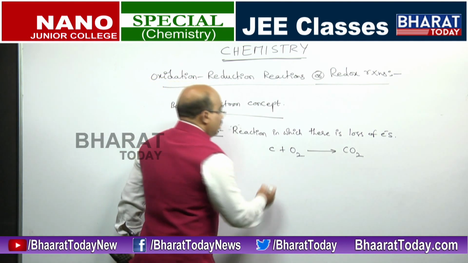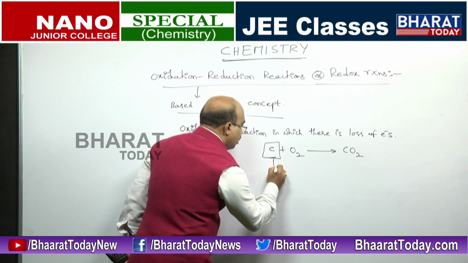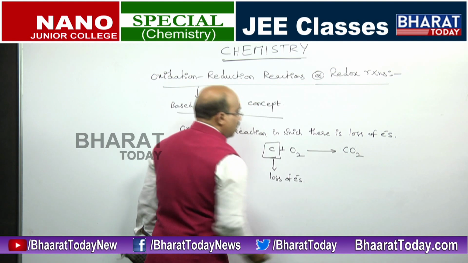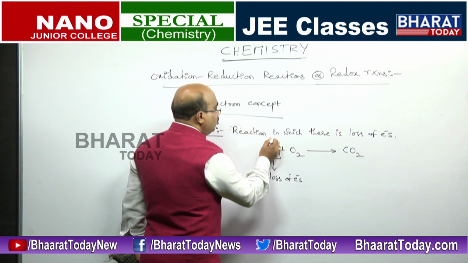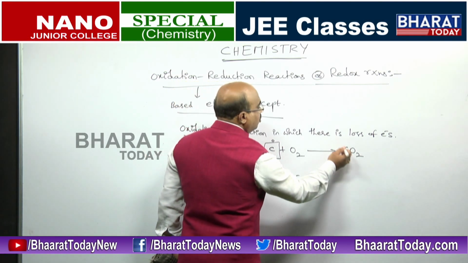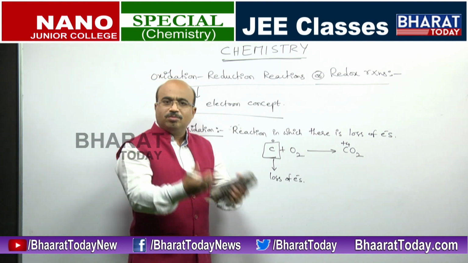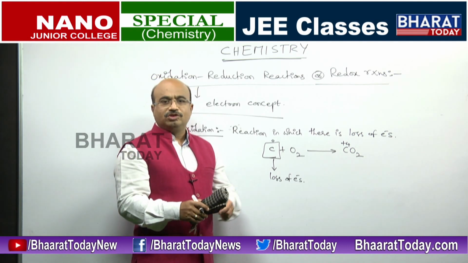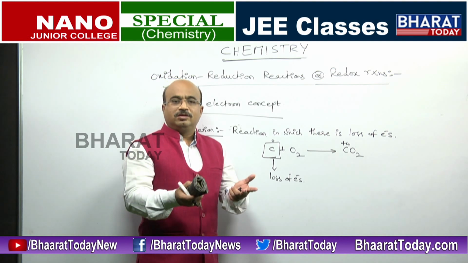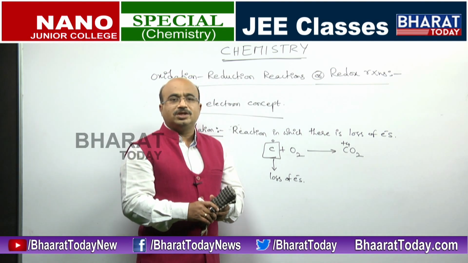So carbon is oxidized. Carbon undergoes loss of electrons, because here the charge of carbon is 0, and here the carbon charge is +4. We use this concept nowadays to define whether a reaction is an oxidation or a reduction.